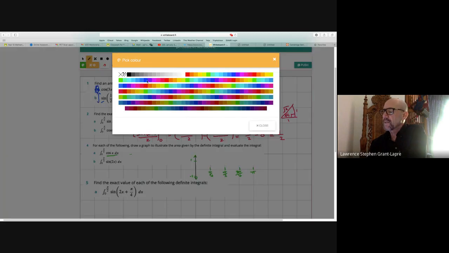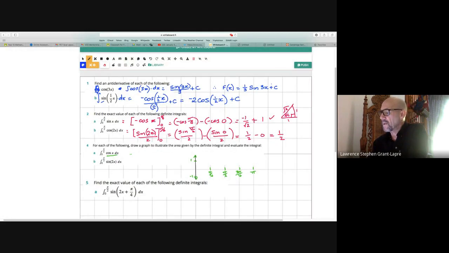So cos x, draw that graph, will start here and it will go, all right, etc. And we want just from 0 to pi over 4. So illustrate the area given by the definite integral. So the area is this area here from 0 to pi over 4. And that's part A.